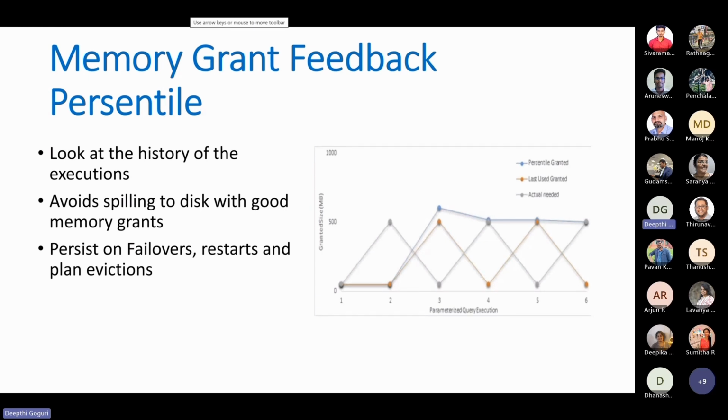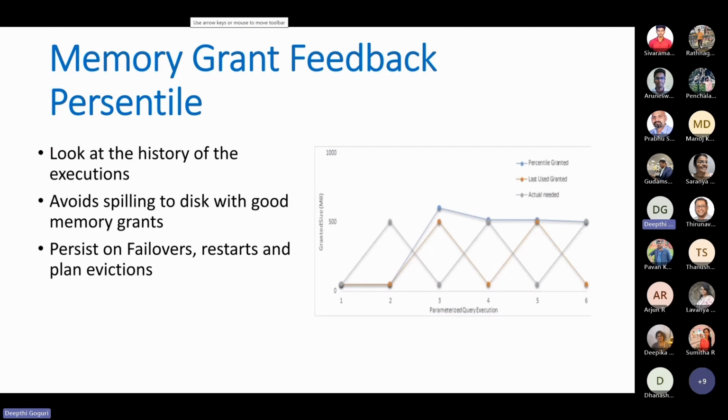Previously, as it was looking only at the last execution plan, it used to go overboard, up and down, because there was no consistency, and memory grant feedback used to shut itself off at some point before SQL Server 2022.